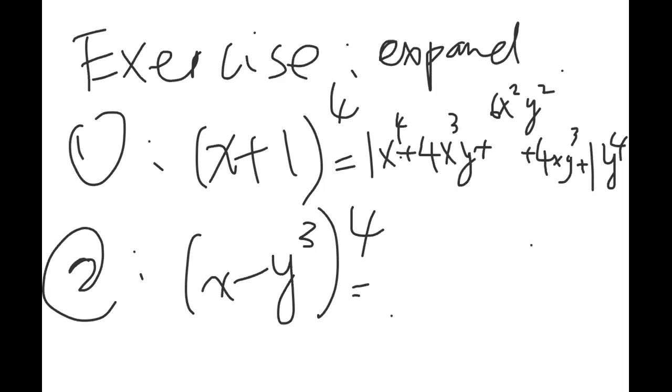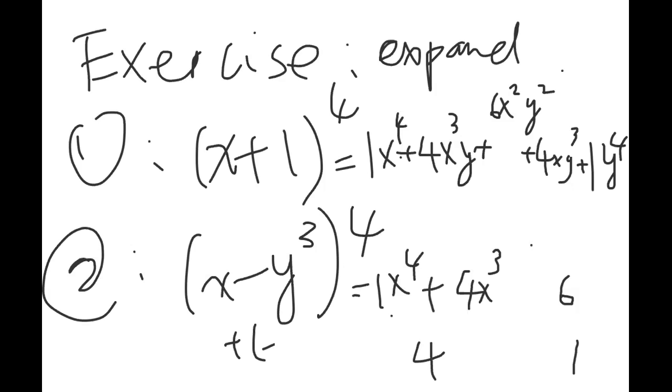And same thing here, the coefficients would be 1, 4, 6, 4, 1. The first term is x to the fourth. The next one, a little bit tricky, is that you have x to the third power times minus y cubed, so minus y cubed to the first power.